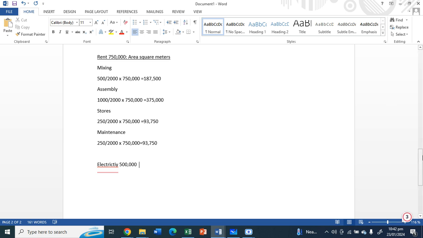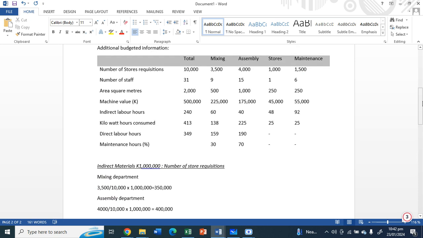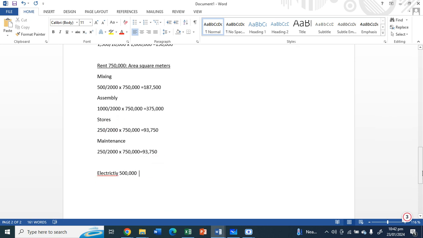Then it's kilowatt hours consumed. All right, so we start with electricity. So we start with the mixing department.